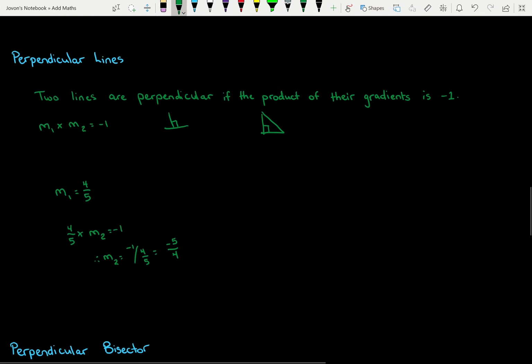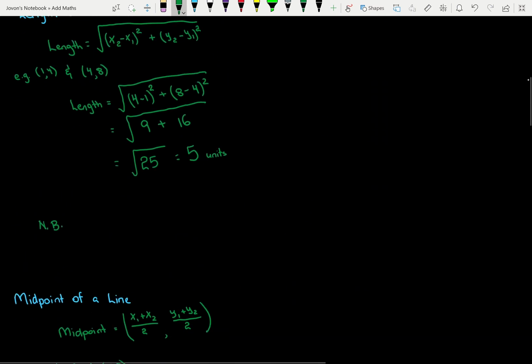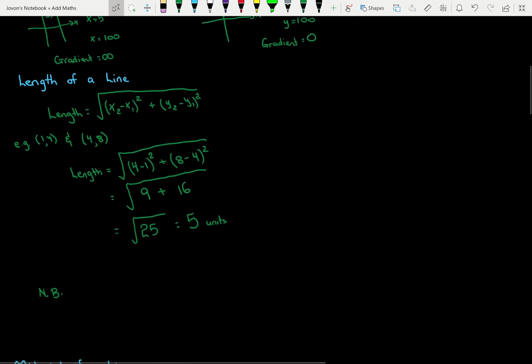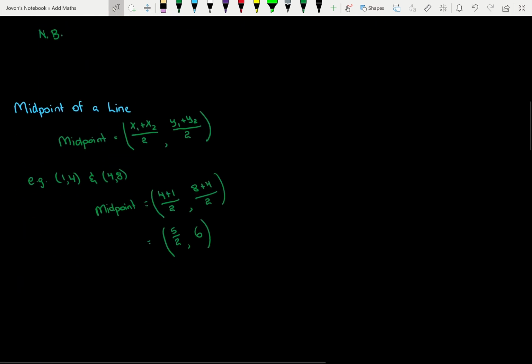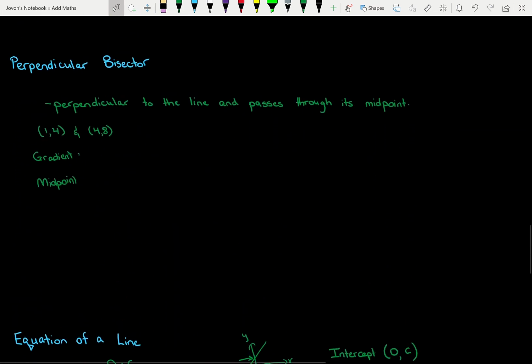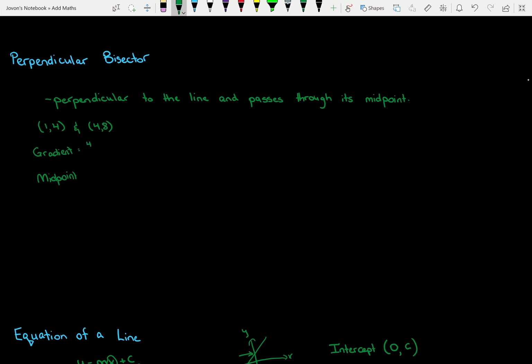We found that the gradient of the line was 4 over 3 and the midpoint was 5 over 2 comma 6. So we have the midpoint, but we want to find the gradient of a line perpendicular to it.